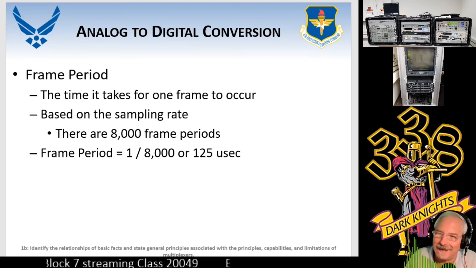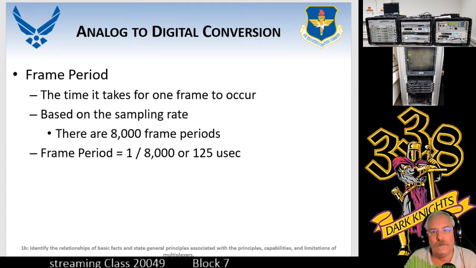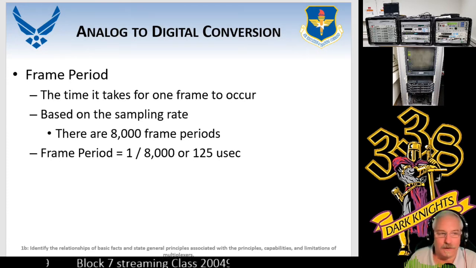Now, a standard multiplexer is 24 channels. It doesn't mean that you can't have some that are less. For example, the NSM, the max it can have is 12. Well, that really sucks. Yeah, it does, but that's the max that they can have.